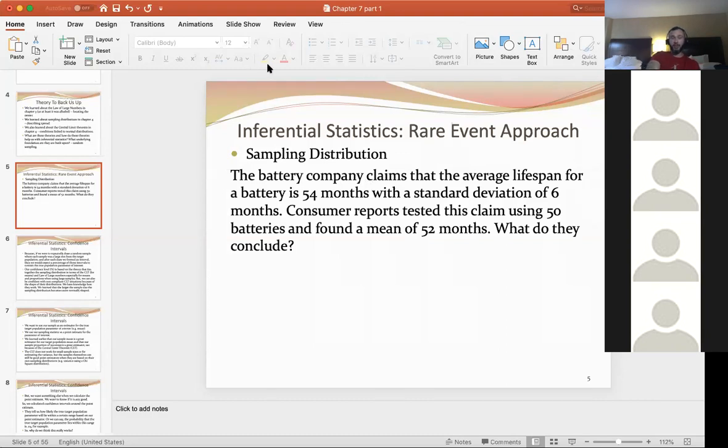Amanda has gotten fail to reject, so she is accepting the battery company's claim. I want to hear other people who agree or disagree with Amanda. Okay, both Amandas are in agreement.